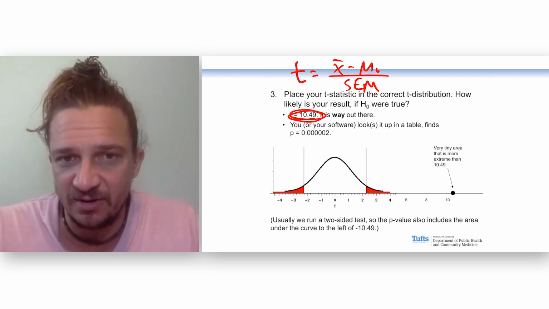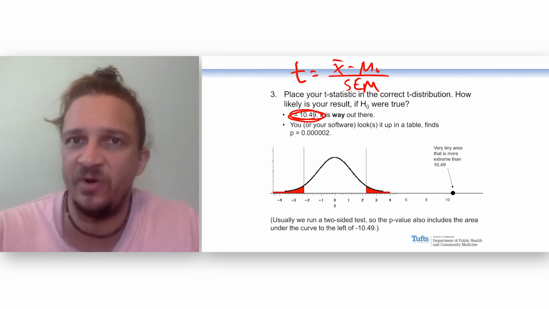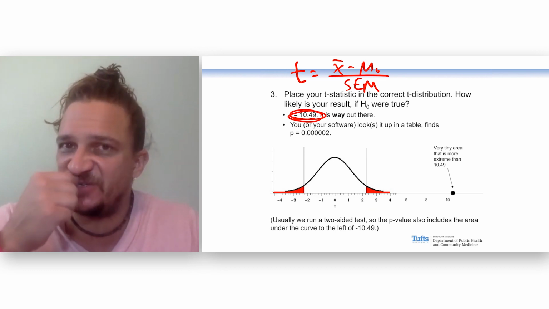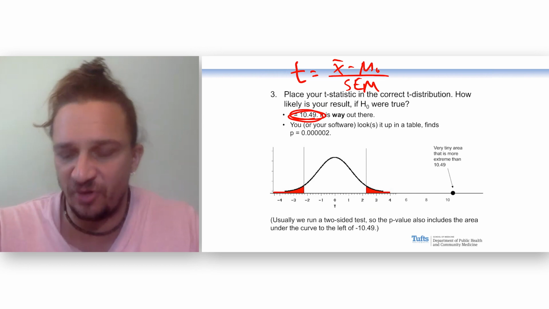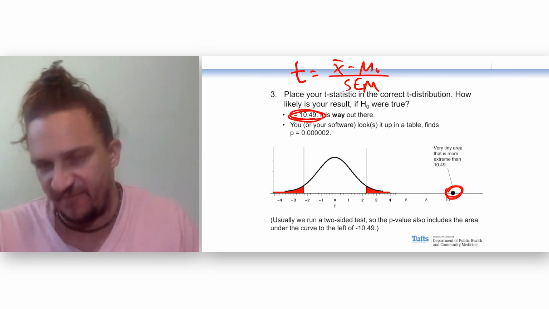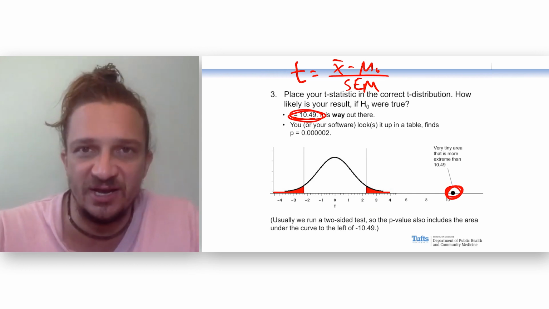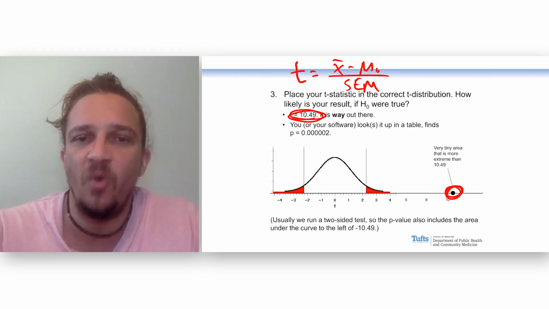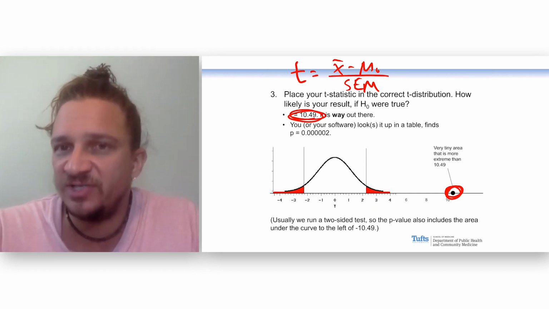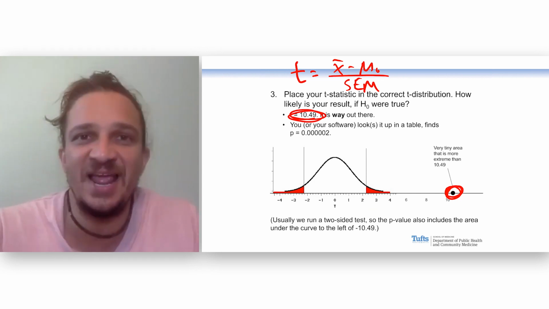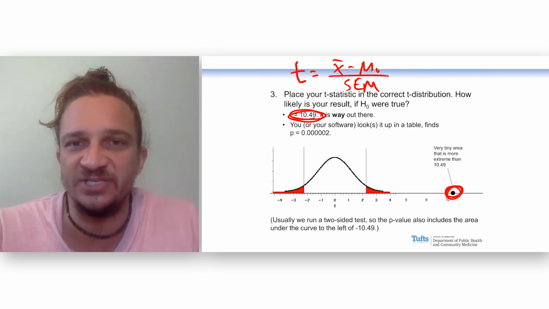It's really big. So if the null is true, now we need to think about it. If the null is true, either we are very, very, very unlucky, or lucky, depending how you look at it, or maybe the null isn't true. Maybe these data will convince us that the null isn't true.